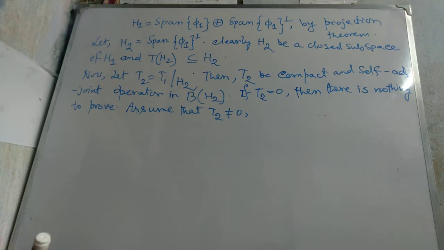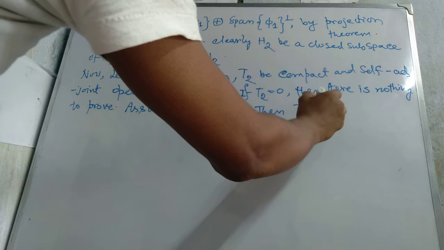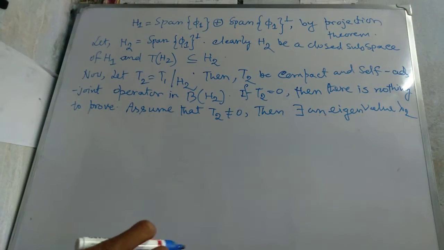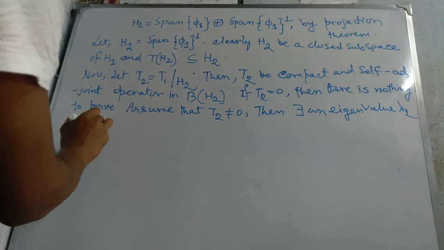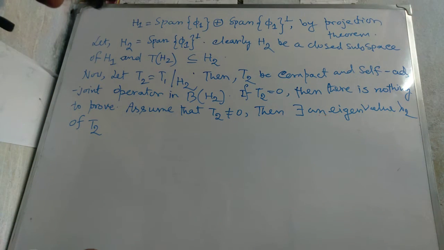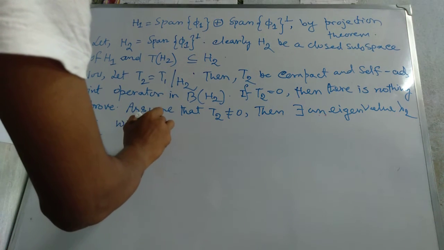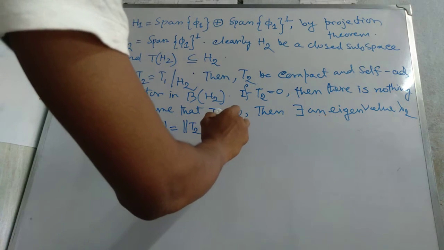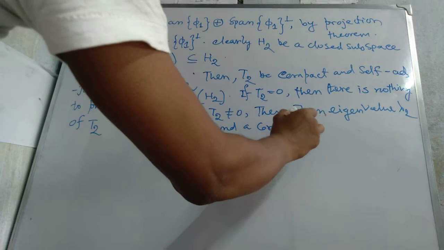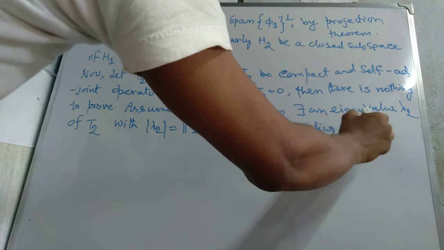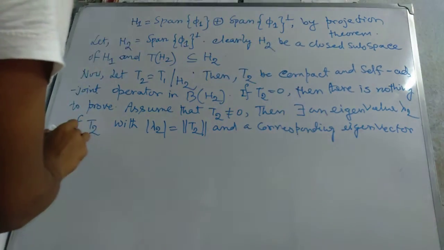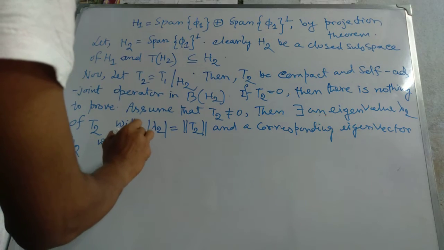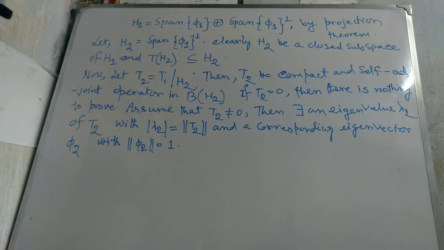Then there exists an eigenvalue lambda 2 of T2 with the modulus of lambda 2 equal to the norm of T2, and a corresponding eigenvector phi 2 with norm of phi 2 equal to 1.